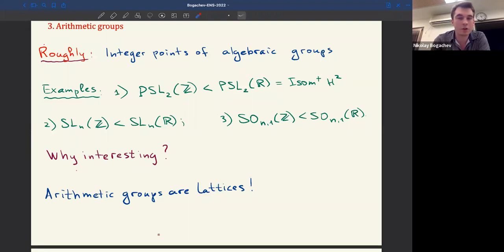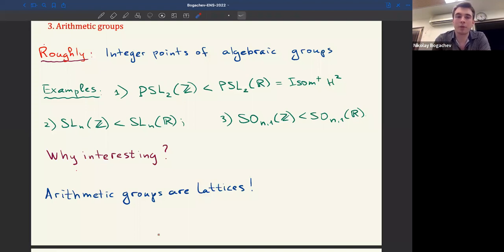It's a very rough definition, but arithmetic groups are the groups that can be built out of these fundamental examples, like the group Z acting on the real line by integer translations, or the fundamental group of the torus, the square, acting by integer translations in the plane.